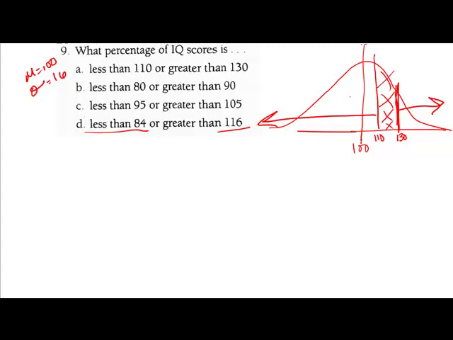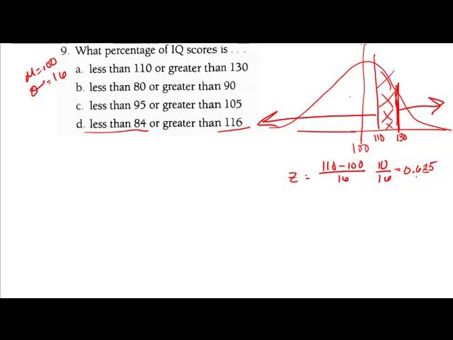We'll start with the 110. What percentage of IQ scores is less than 110? Well, 110 minus 100 divided by 16 is 10 divided by 16. Grab a calculator real quick. That is equal to 0.625.